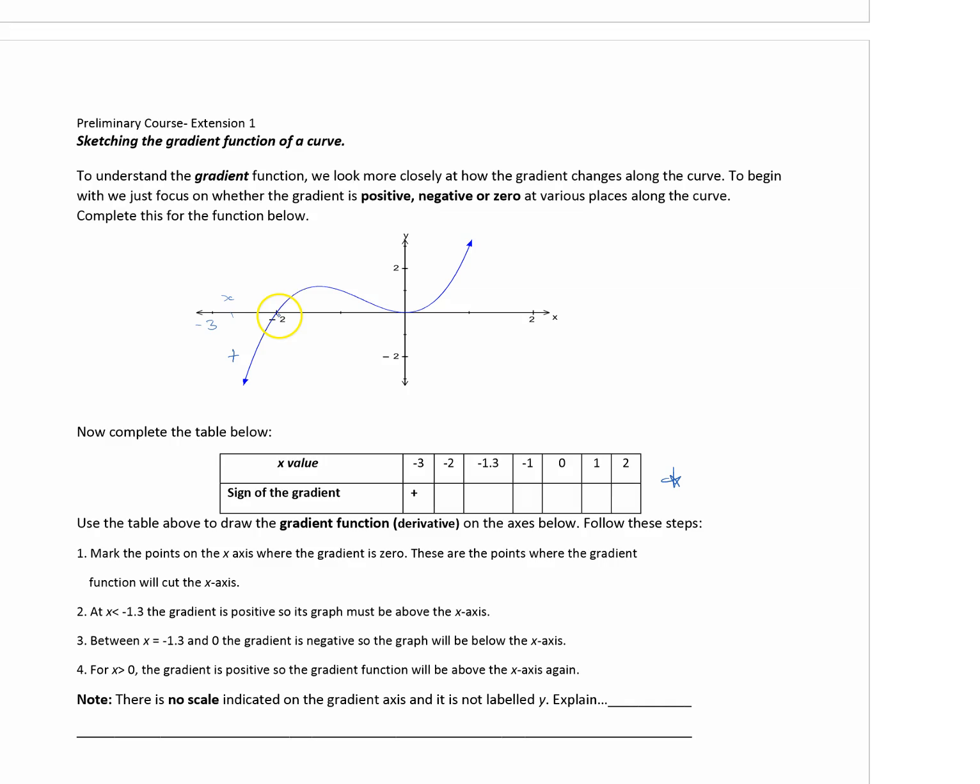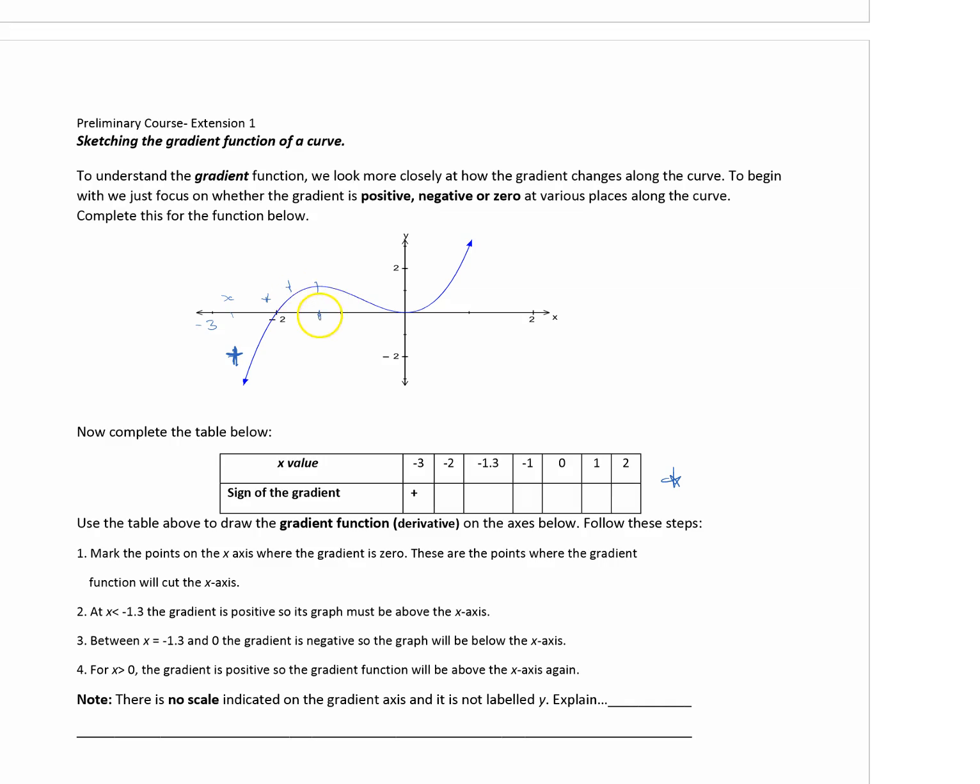Here at x is equal to -2, when x is -2, still the gradient would be positive. And sometimes I draw these as a bit bigger positive and then a smaller positive because the value is getting a little bit smaller. As x is moving closer to this particular point, the gradient is less steep, it is less positive, and if I can possibly draw an even smaller positive, then I will.